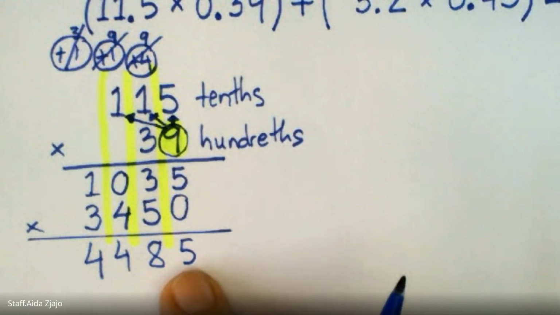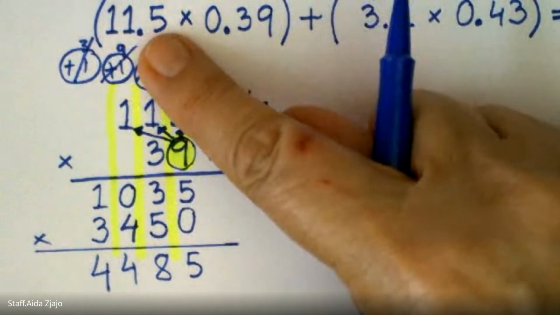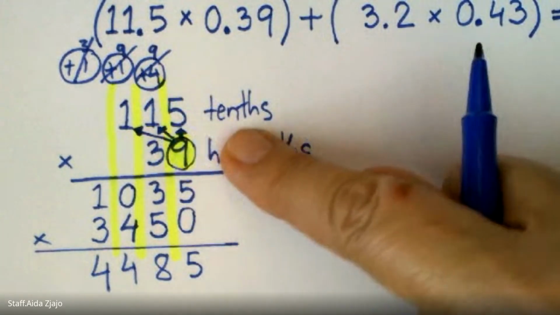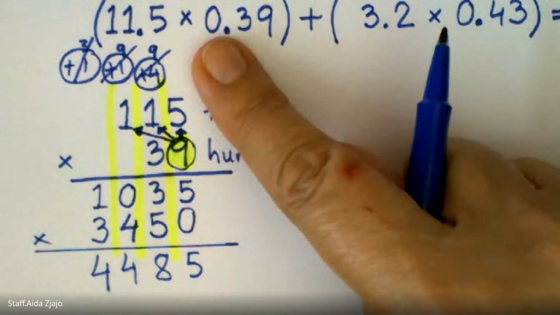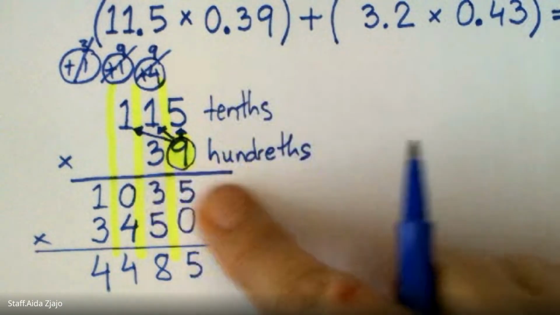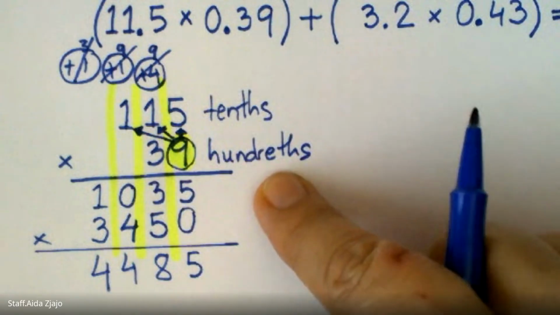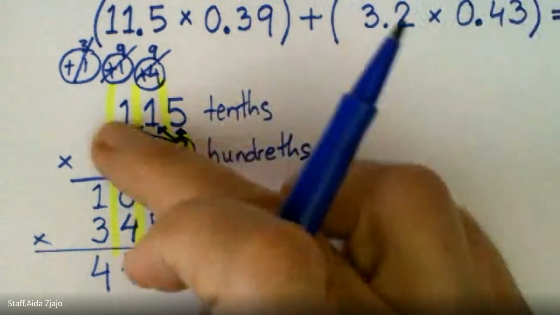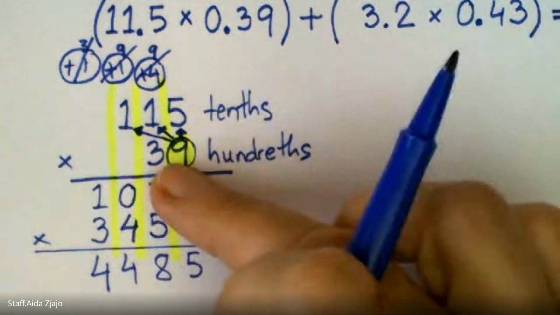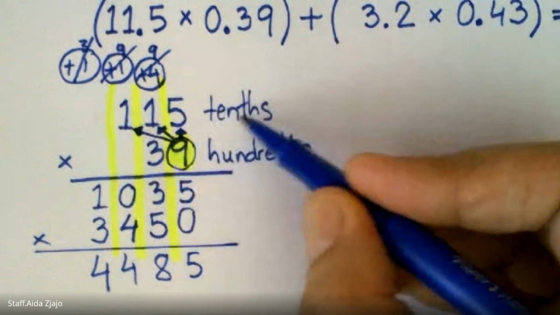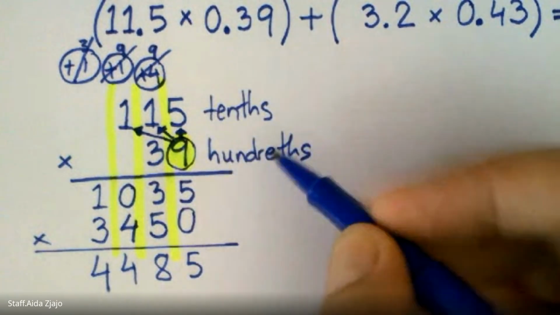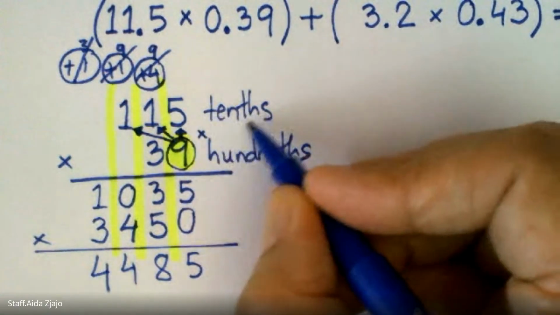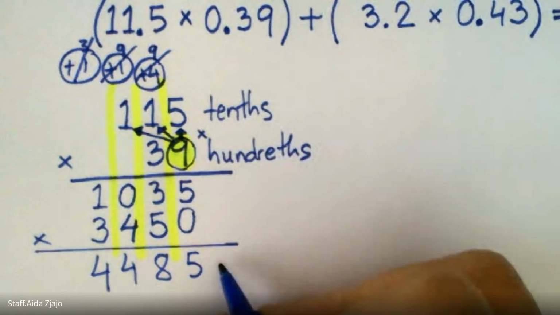But because I changed 11 wholes and 5 tenths into 115 tenths, and 0.39 into 39 hundredths, I also need to multiply the place values. When I multiply 115 times 39, I have to multiply tenths by hundredths. So when you multiply tenths by hundredths, you get thousandths.